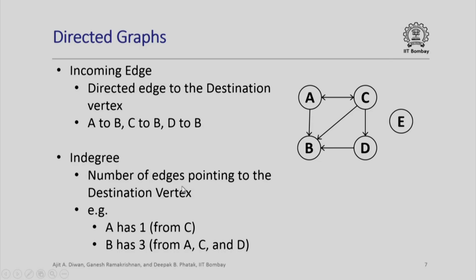This is the number of edges pointing to the destination vertex. For example, if you consider A as a destination vertex, it has only one edge coming to it from C. So, its in degree is 1. B, on the other hand, has an in degree of 3 because there are edges coming to it from A, C and D. E again has 0 in degree because it has no edge coming into it.